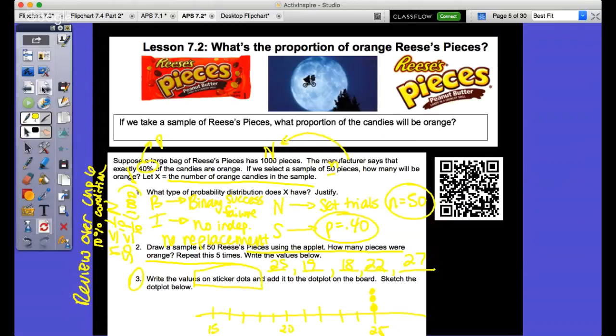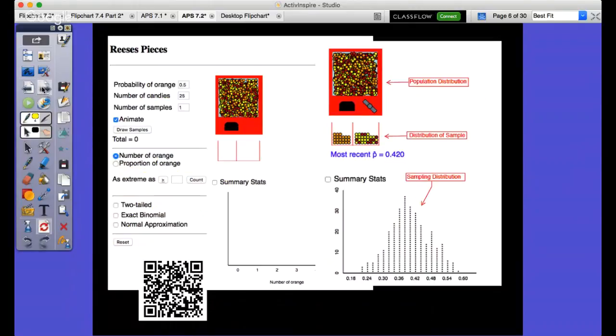Remember, as we're doing this, the dot plot that's created should revolve around something like this, maybe not as many dots here, but this would be a sampling distribution of size equals 50, because each sample corresponds to 50.